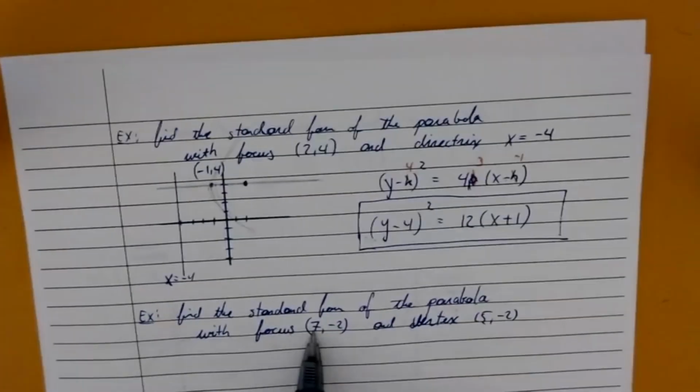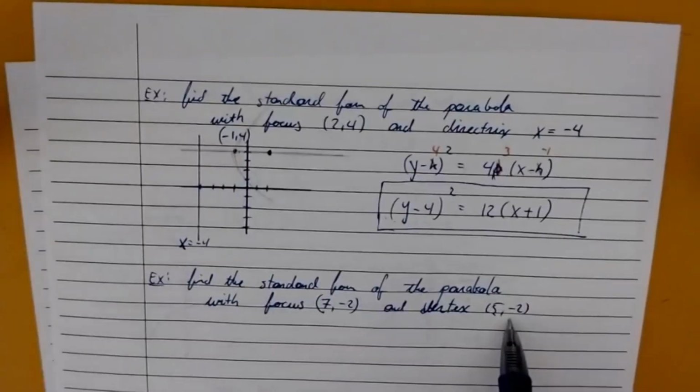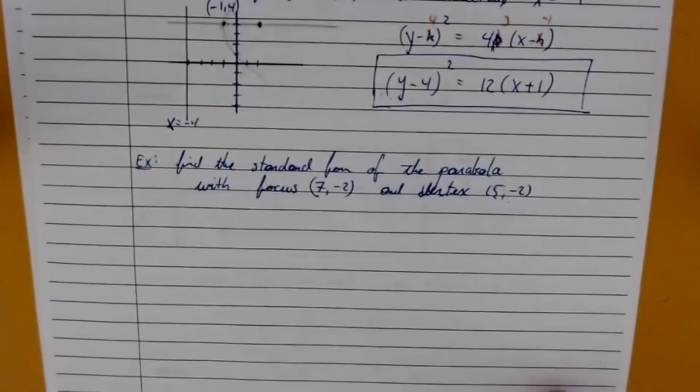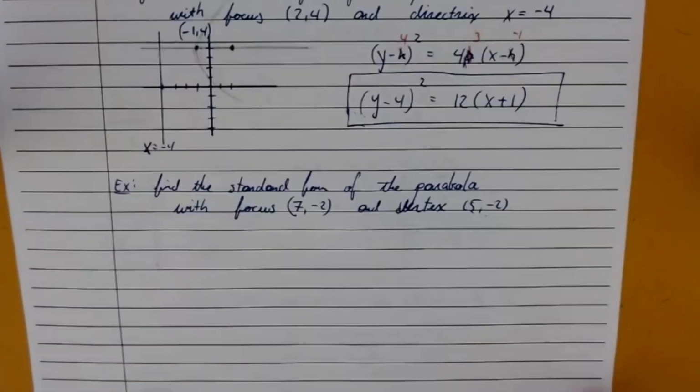Okay, so your focus (7, -2), your vertex (5, -2). Go ahead and give that a try.